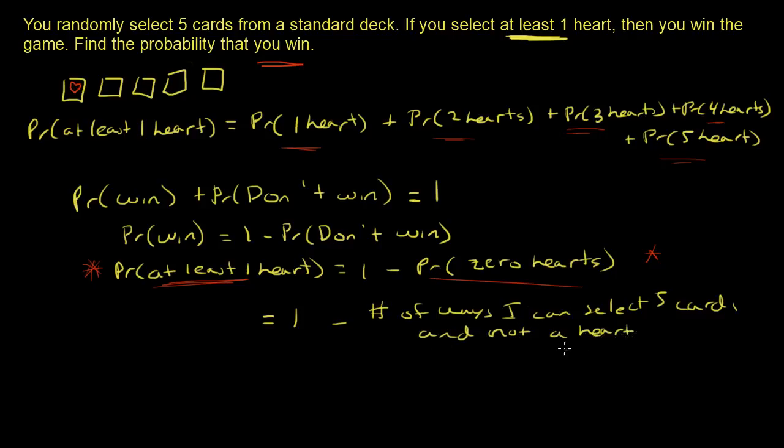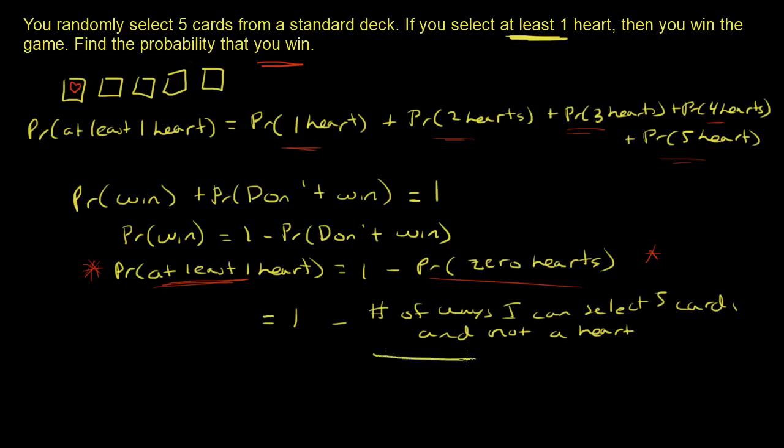So maybe I got 2 diamonds, 3 spades, 2 spades, 3 clubs, 1 club, 4 diamonds, whatever it is. There's a ton of different ways that I could have selected 5 cards and not get a heart, right?